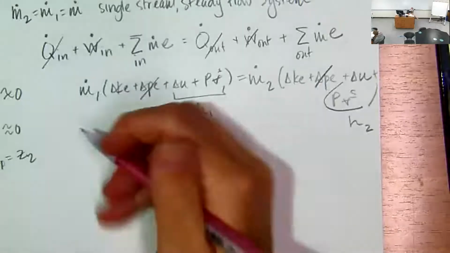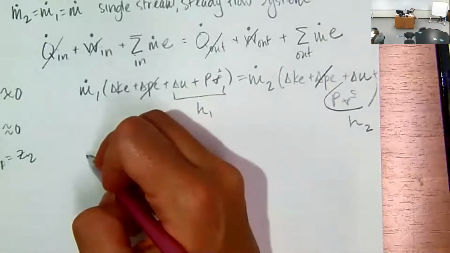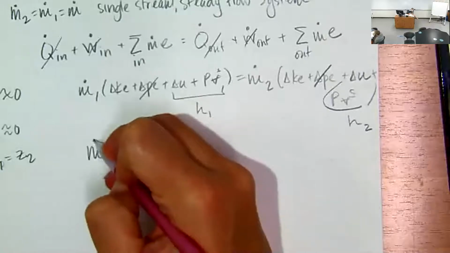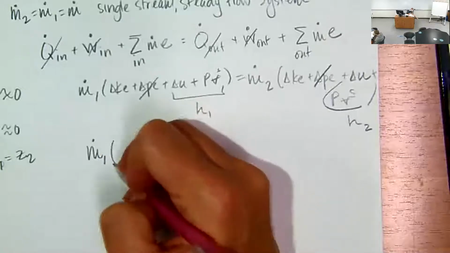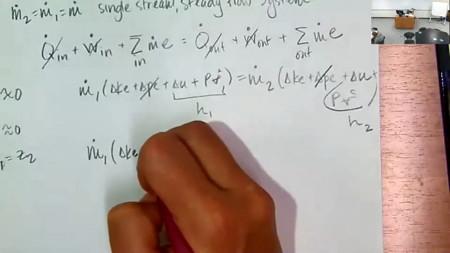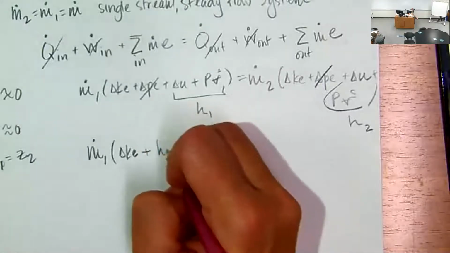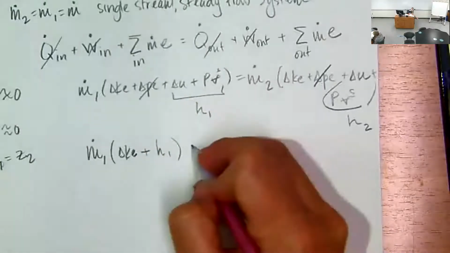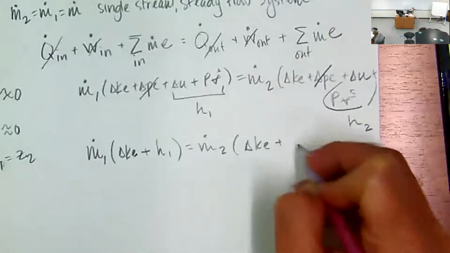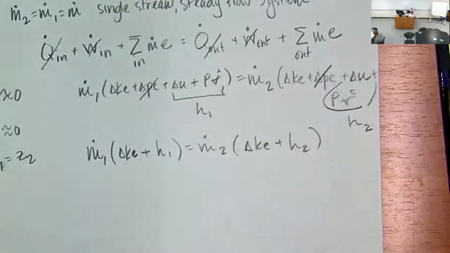So therefore, our equation reduces down to our mass flow rate at point 1 times our change in kinetic energy plus our enthalpy value at point 1, is equal to our mass flow rate at point 2 times our change in kinetic energy plus our enthalpy value at point 2.